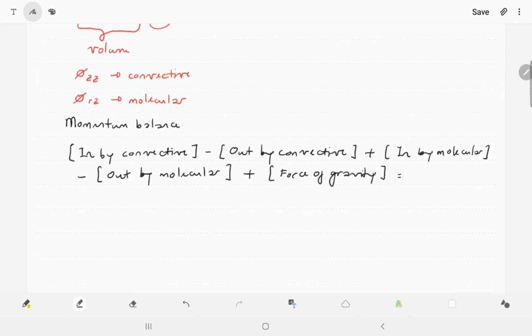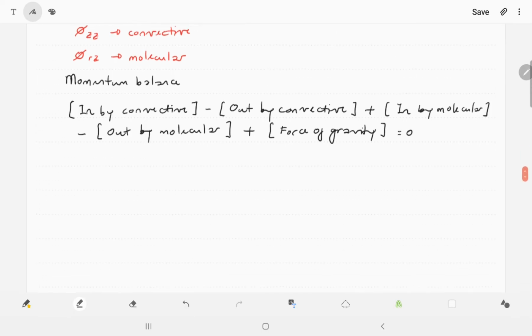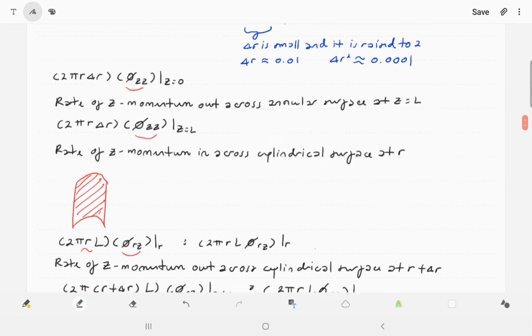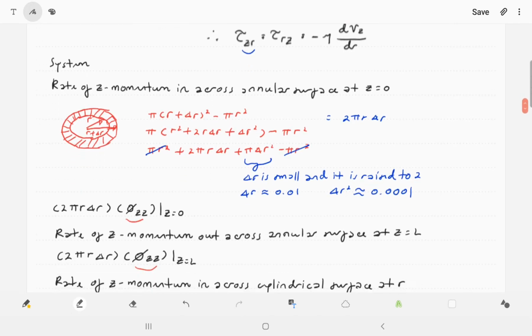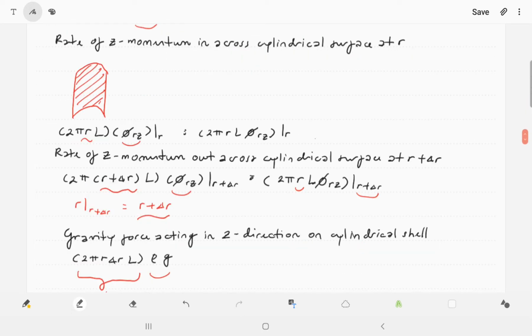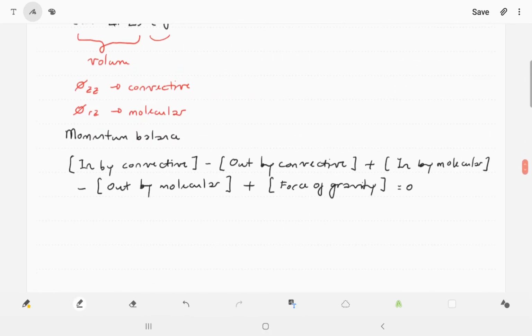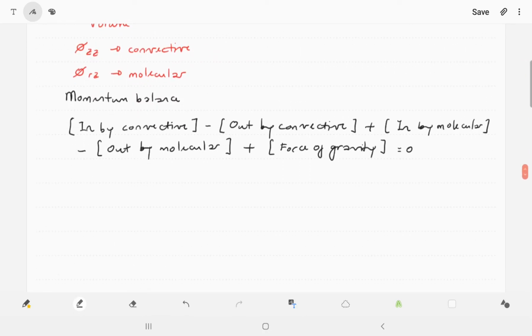That one should be equal to 0. So this one is a steady state momentum balance, I mean. Then we go up to here, we put in the 1, 2, 3, okay, 4, 5 terms into the respective term in this momentum balance. So let's start doing that.